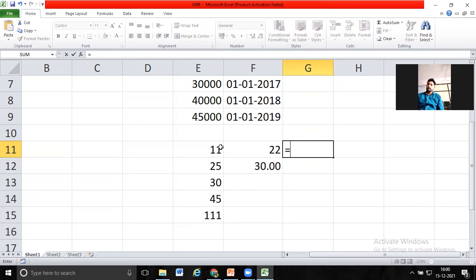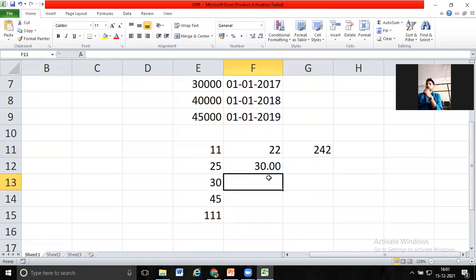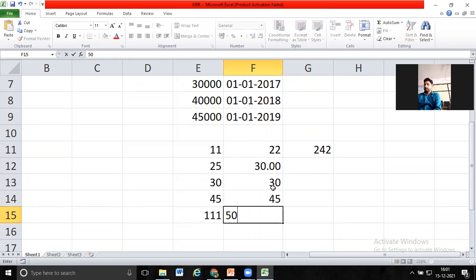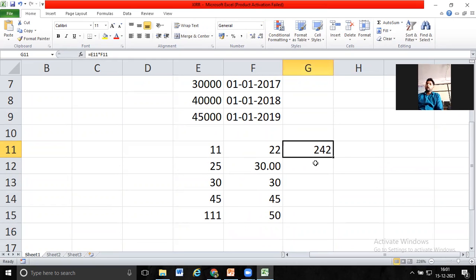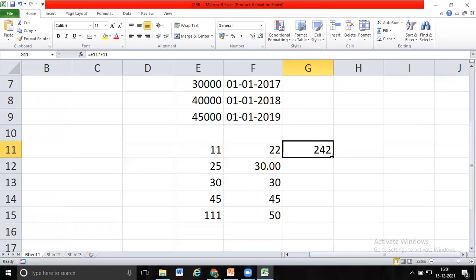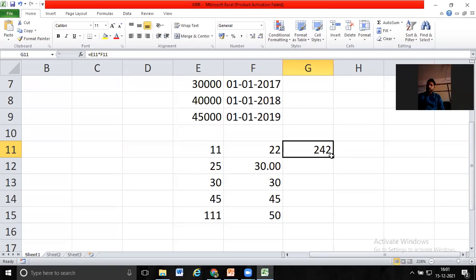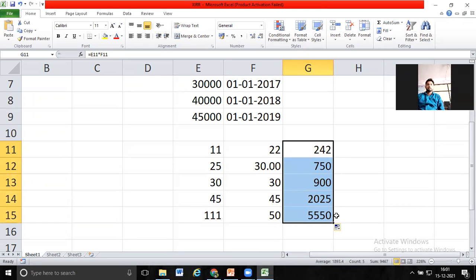So equal to, I will select this cell, multiply by 22, enter: 242. Easily calculated. And if you want to do this for 30, 45, 50 and the next values, it will automatically perform the calculation.